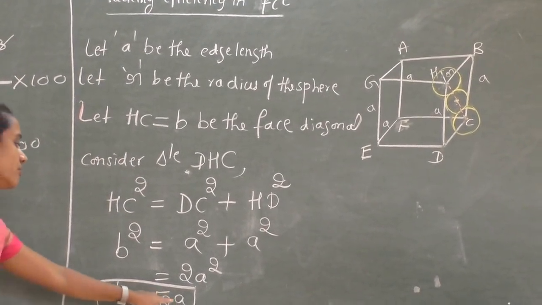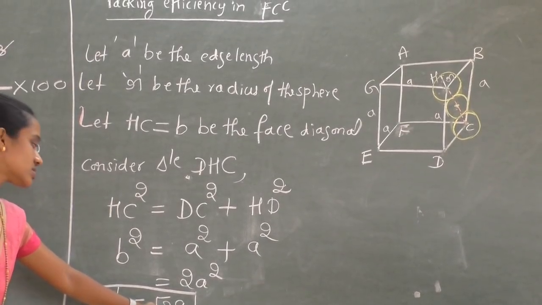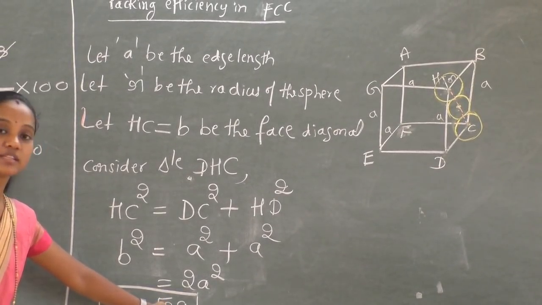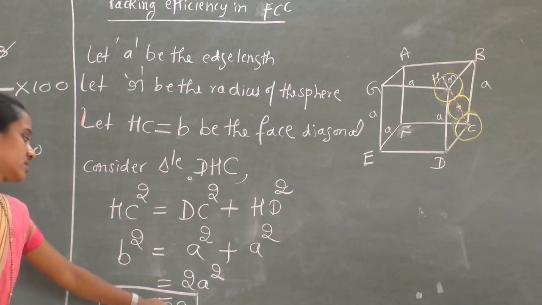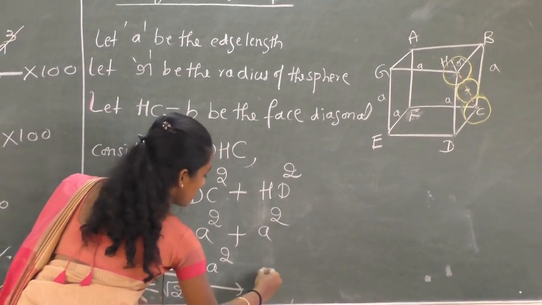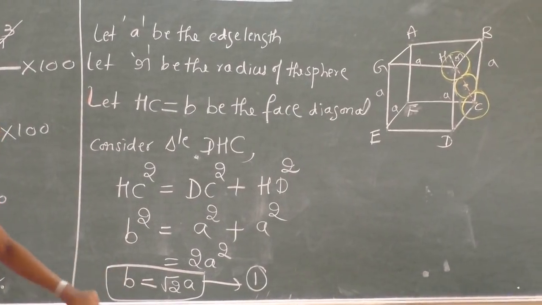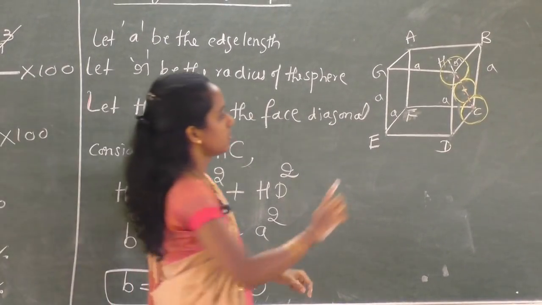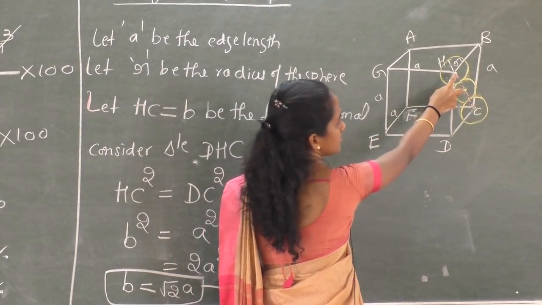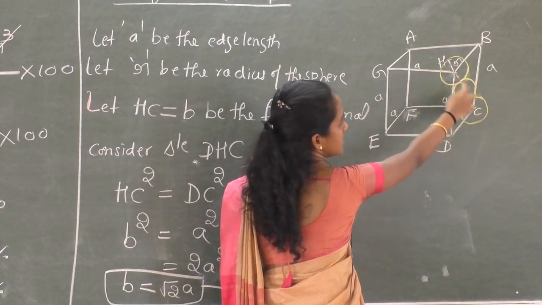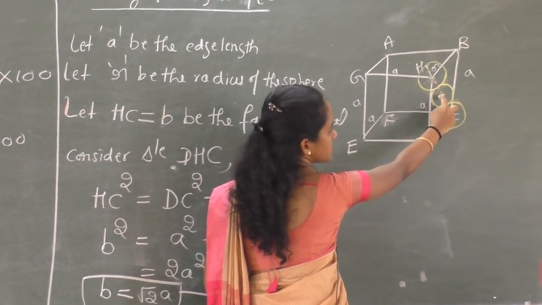So now there is a relationship between A and b. What we need is a relationship between edge length A and radius. So let this be equation 1, b is equal to square root of 2 into A. Now the distance between H and C is b.